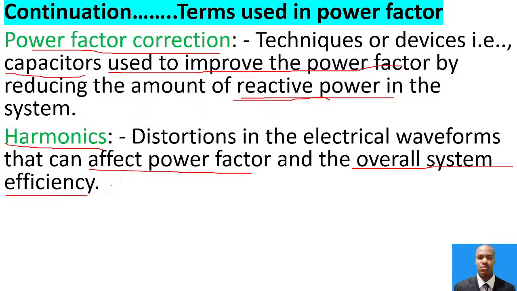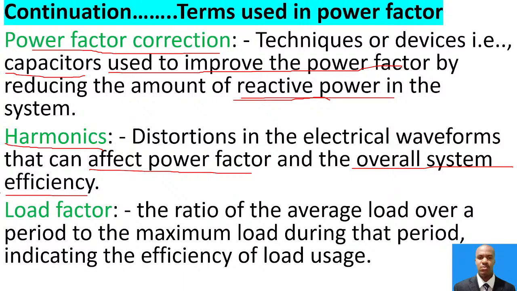Anyway, in simple language, you can say these are instabilities in power supply. Then we have the load factor. The load factor is simply the ratio of average load over a period to the maximum load during that period, indicating the efficiency of load usage.